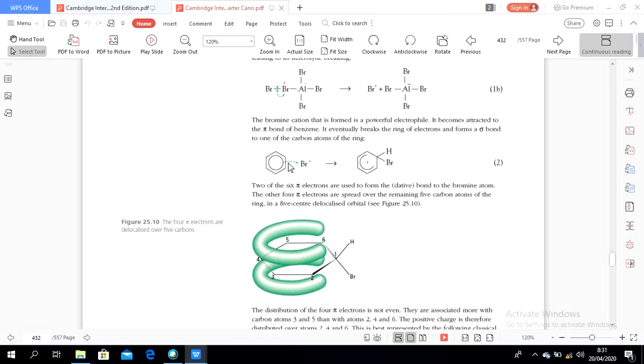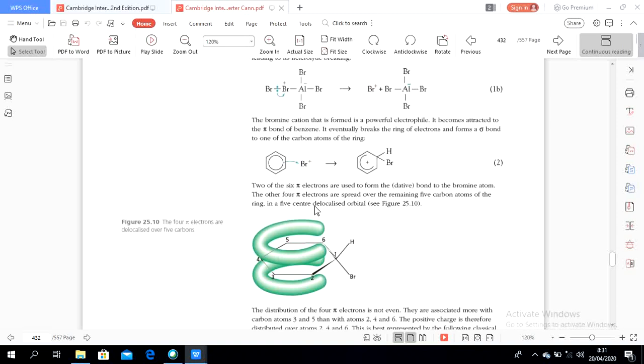So bromine with this carbon forms a sigma bond, and two of the 6 pi electrons are used to form the dative bond to the bromine atom. The other 4 pi electrons are spread over the remaining 5 carbon atoms in the ring.